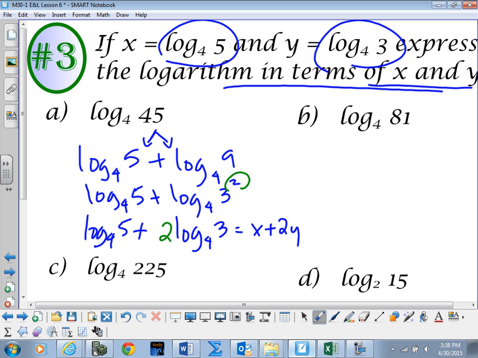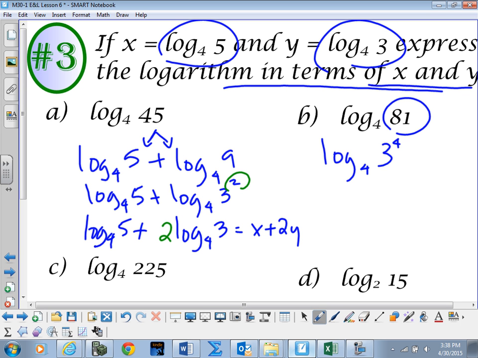All right, now you try 81. Pause and then go through my work. So log base 4 of 81. I know 81 does not have a factor of 5, but 81 is a power of 3. Just like we used 9 as a power of 3, I know 81 is a power of 3. I'm going to write this as log base 4 of 3 to the 4.